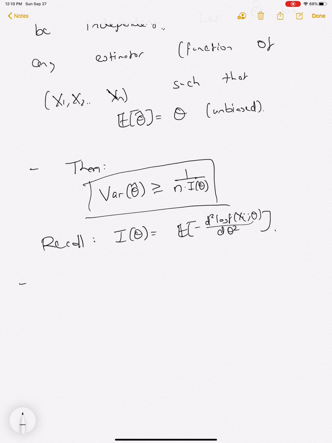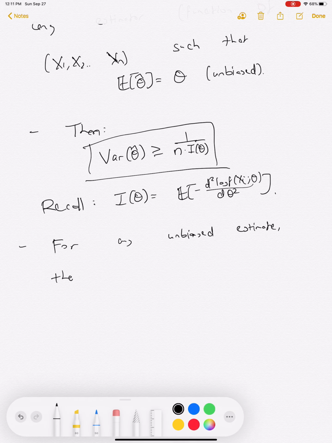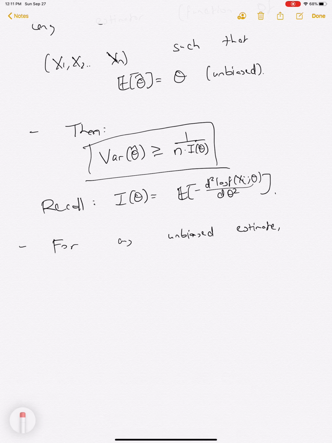So what we're really saying in words is that for any unbiased estimate, its variance is at least 1 over n times I of theta.